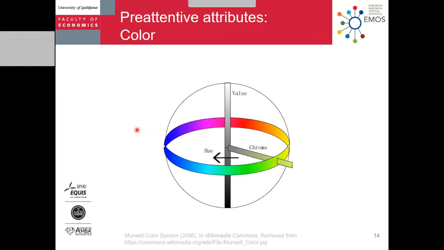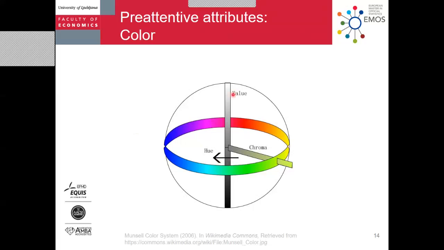We immediately see color. At this point, I'll only introduce 3 color attributes. So, a bit of terminology. Hue is what we normally think of as color, like red, green, blue, and colors are positioned around the color wheel.